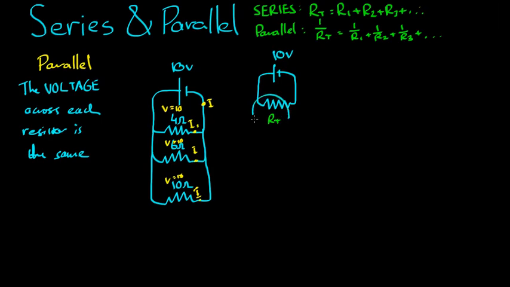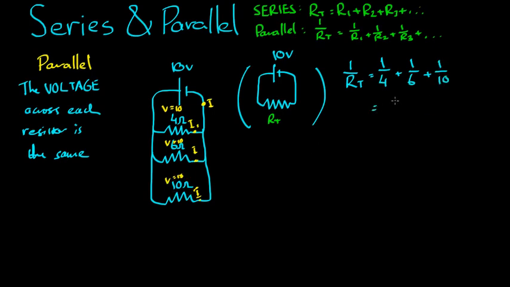The way we find the total resistance the battery is feeling is using this formula. 1 on RT is equal to 1 on 4, that's R1, plus 1 on 6, that's R2, plus 1 on 10, that's R3. And this comes to 31 on 60.